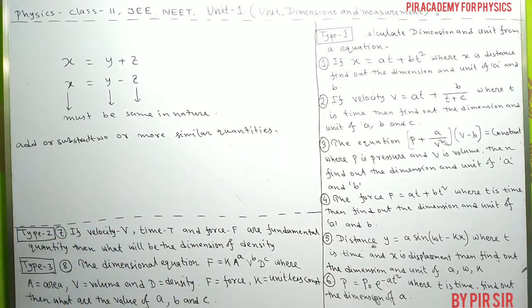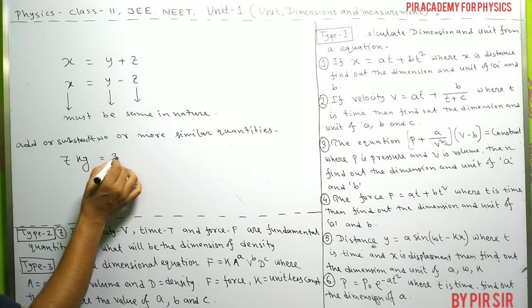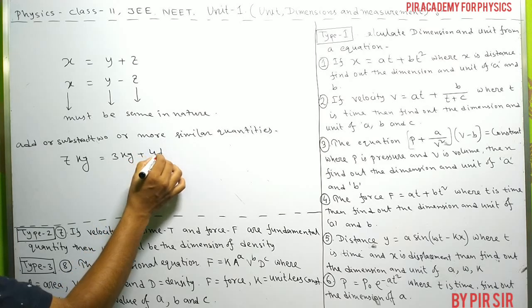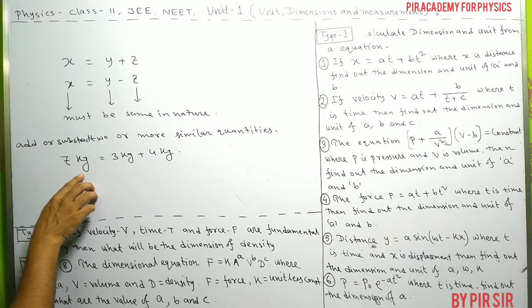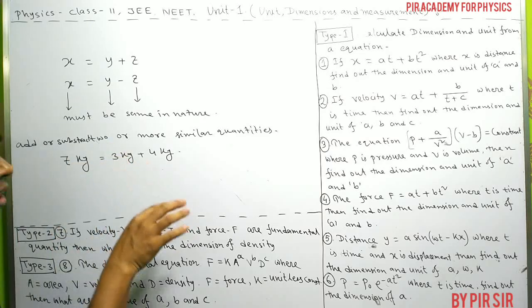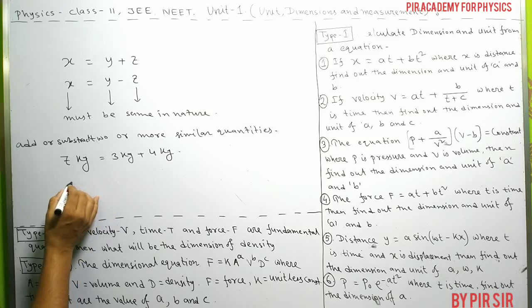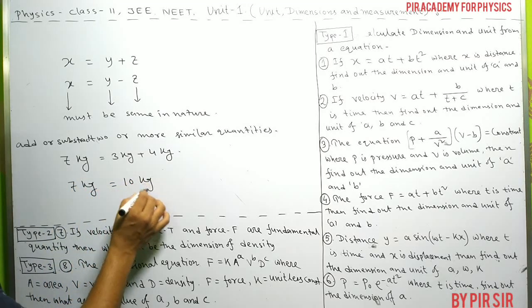For example, 7 kg equals 3 kg plus 4 kg. If this is a mass, it can be added only with mass. Similar quantities can be added, and similar quantities can also be subtracted.